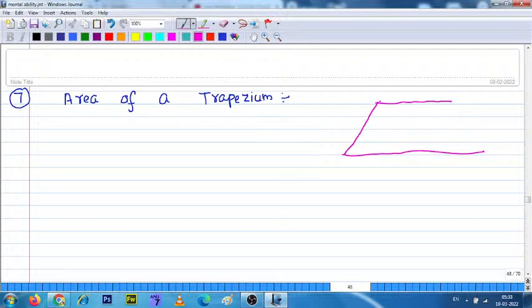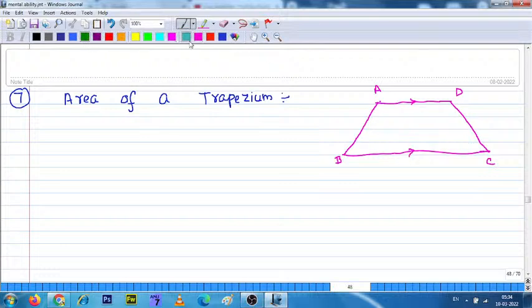So this is the shape of the trapezium. See A, B, C, D, in which AD and BC are parallel, whereas AB and DC are non-parallel sides. So these two are parallel.